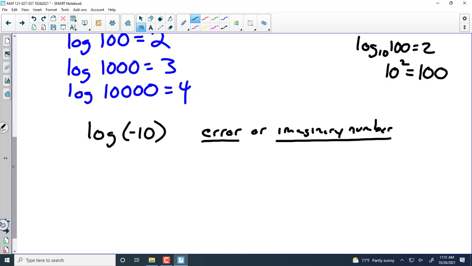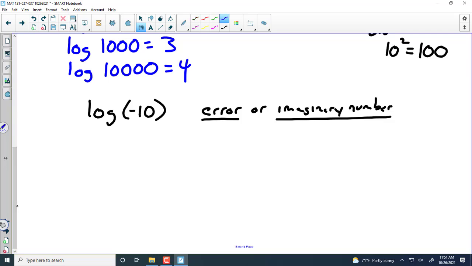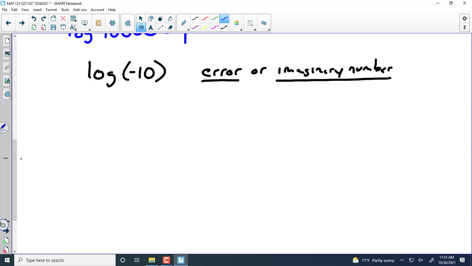So some of the more sophisticated calculators do give an imaginary number when you do that. Other ones are just going to shoot out an error at you, because we only take the logarithms of positive numbers. Rachel and I would be happy to help you learn how to use your calculator.